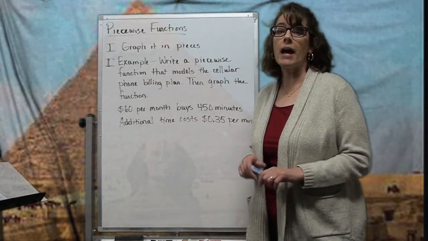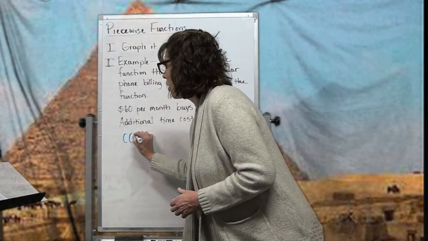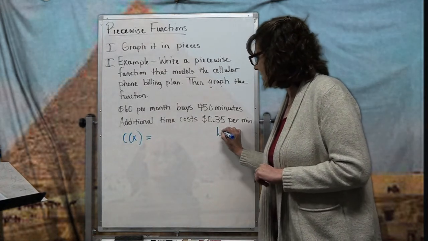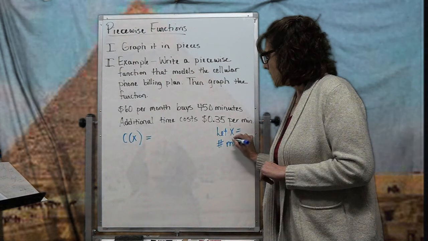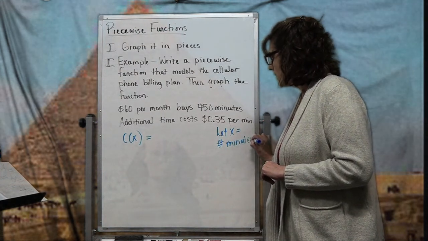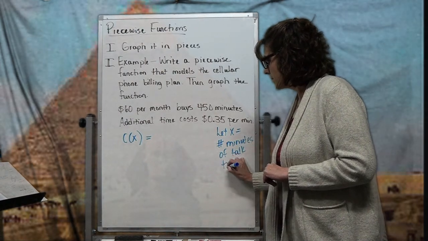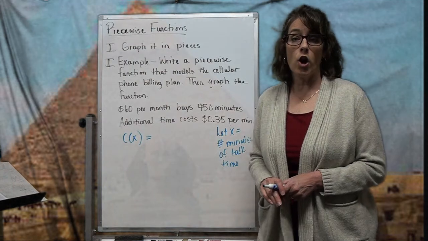So let's take a look at the pieces. So I'm going to look at the cost of this. So it's a cost function. And what I'm going to do is I'm going to say, let's let that X be the number of minutes that I want to talk. Number of minutes of talk time. And I want to say, okay, based on that number of minutes, what will my cost be?